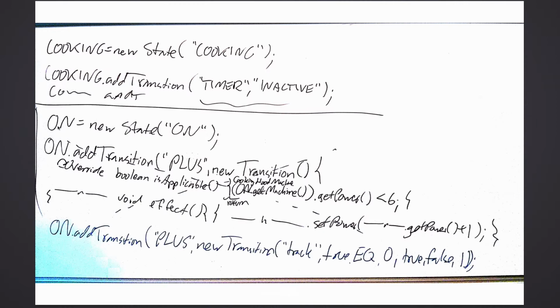Here we're creating the on state, and with the version where you define isApplicable and effect methods, then when we add the transition, we create a new transition subclass and another subclass and define the isApplicable and effect methods with whatever we want to write inside them.